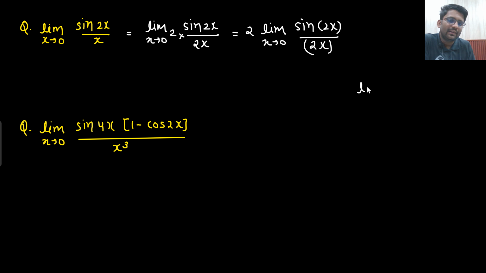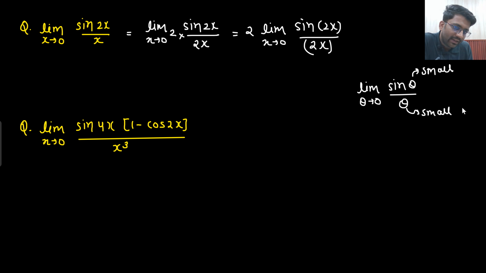Now, do you know one thing? Limit theta tends to 0, sin theta by theta. Theta tending to 0 means theta is small. So sin small angle divided by small angle will always come out to be 1.